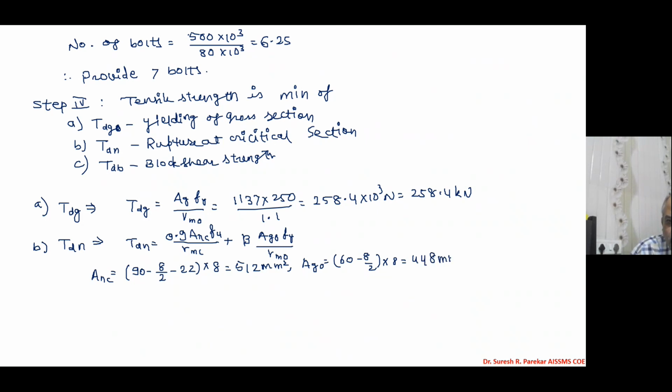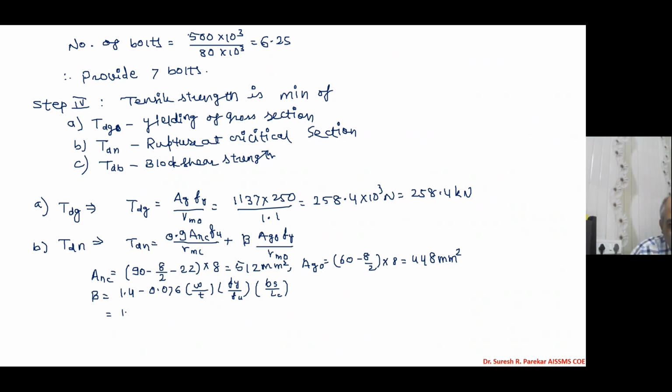448 millimeters square. And then beta is 1.4 minus 0.076 w by t, Fy upon Fu, bs upon Lc. And then we will substitute the values.